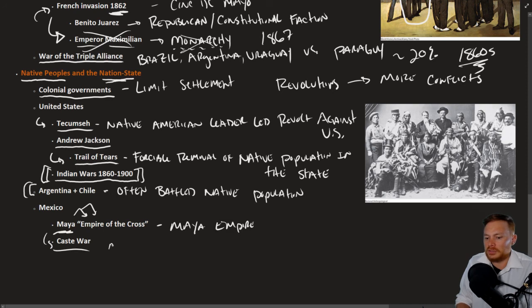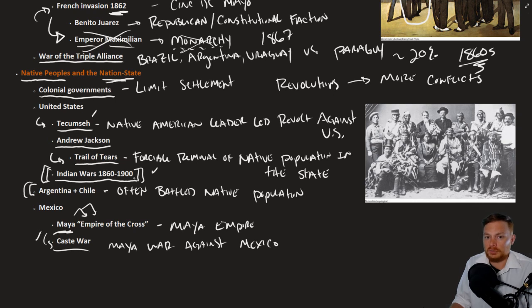So the Caste War is the Maya war against Mexico. And much like these other revolts, whether it was Tecumseh or the Indian Wars or the Caste War, oftentimes the national governments were far too strong for indigenous populations to resist. And ultimately, as in the case with the United States, that territory ends up being claimed by those governments.